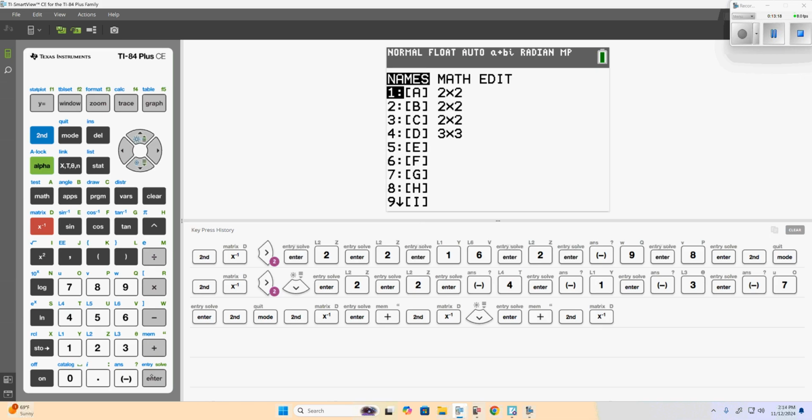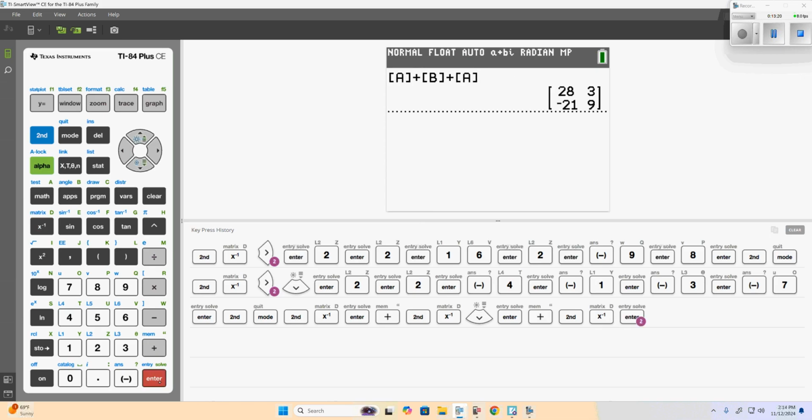Second matrix A. We're able to get this here? So really, for the most part, with addition and subtraction, doing it by hand or in the calculator like this, they end up being about the same length of time.